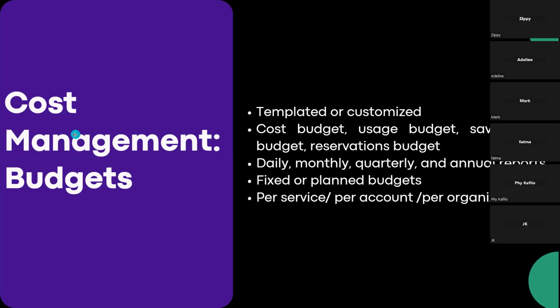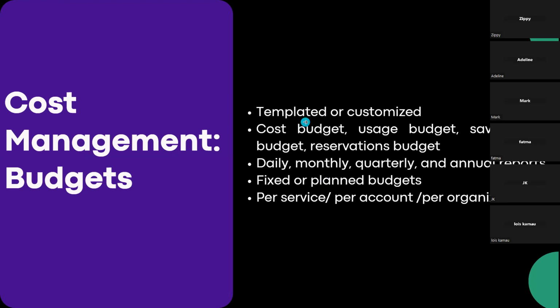So first things first, AWS does provide you with very well curated templates for creating a budget. If you are a new user and you don't particularly understand the mechanics of creating a budget, you can use a template.